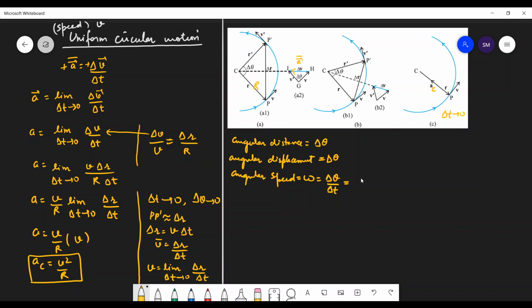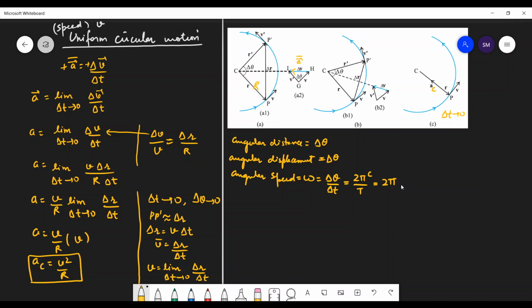Now if I talk about one revolution, then delta theta will be 2 pi radians and delta t will be one time period T for the revolution, and 1 by T is frequency. Even if I don't write anything here, it means it is radians. If it is degrees, I need to write the symbol, like 360 degrees. If it is 2 pi, I need not write anything, so that is radians.